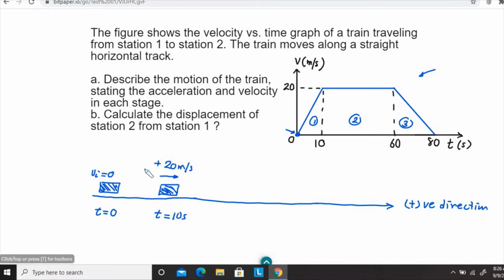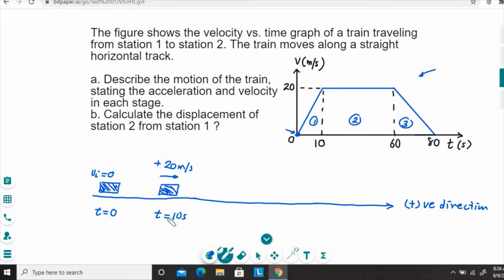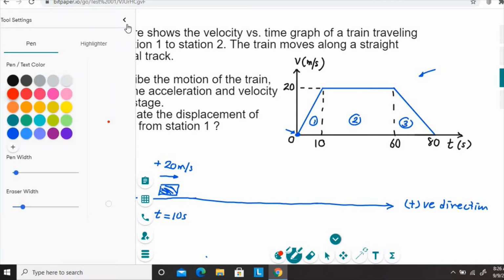So this is motion, stage 1 motion. And clearly you can see the velocity starts from 0 and after 10 seconds it increases to 20 meters per second. As a result, there's a speeding up process. So there has to be some sort of an acceleration during that stage.